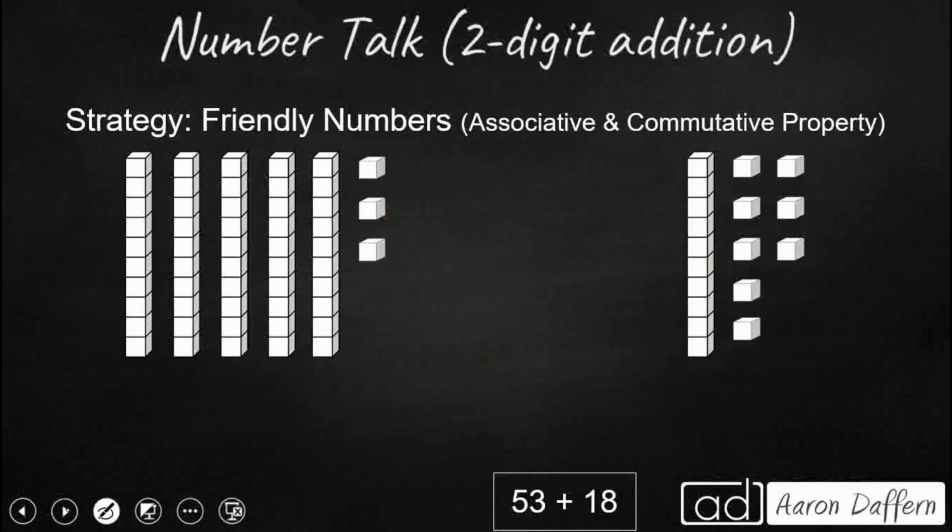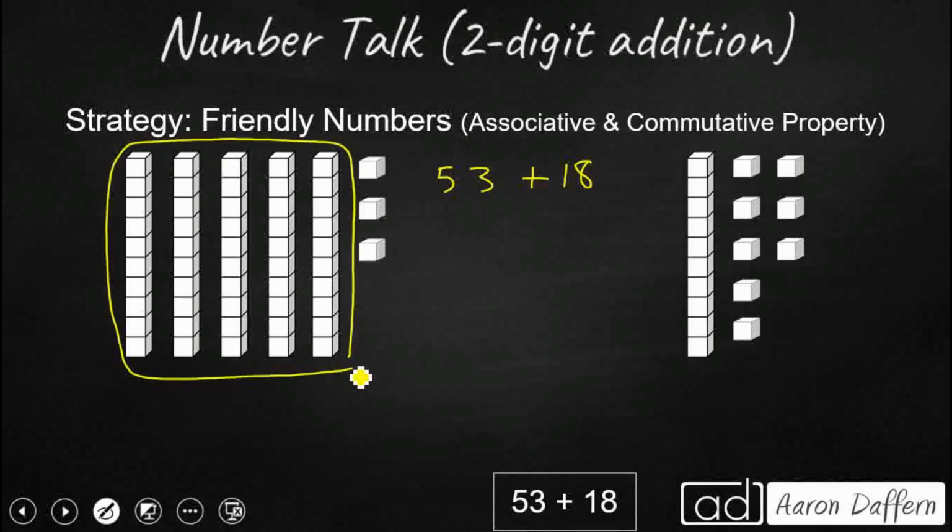Another strategy is to use friendly numbers. Friendly numbers takes a look at our two addends and looks to see, are there easier ways to add them? Friendly numbers for me are always numbers that end with a 0 or a 5. If you can get it to a multiple of 5 or multiple of 10, you're good to go. So let's take our 53 and break it up into 50 and a 3, because anything plus 50 is going to be easy.